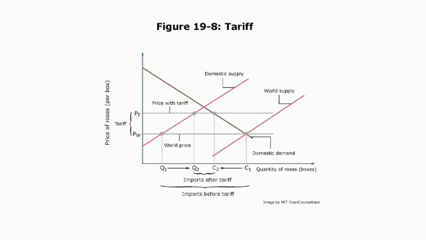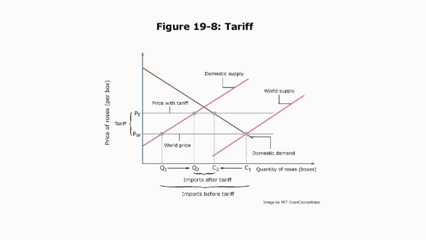Domestic producers are now going to produce Q sub 2 roses because they get a higher price. So domestic consumers are consuming less, and domestic producers are producing more, because now the price is higher, so you can reopen those heated greenhouses. It's worth it now. And we end up with a much smaller amount of imports.